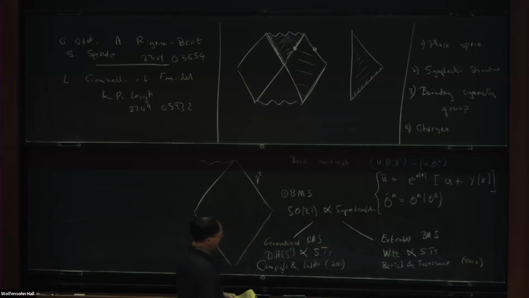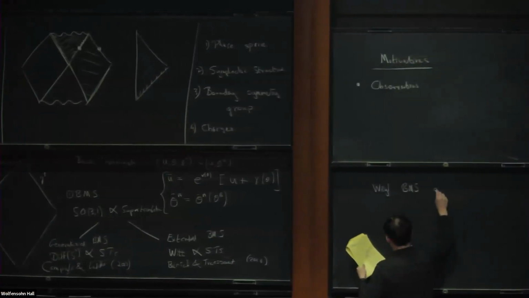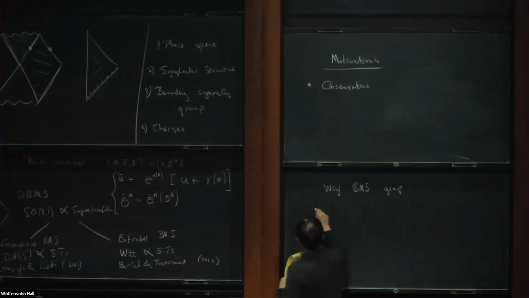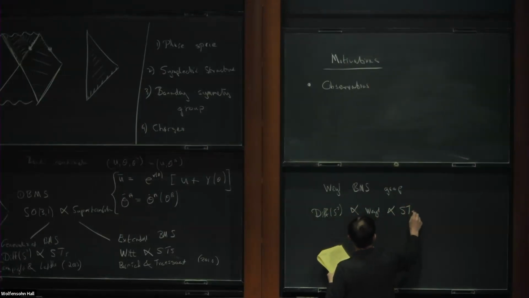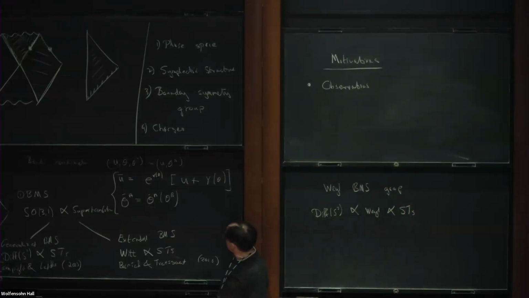And then more recently, there's been another extension of this group, which is called the Weyl BMS group, which is the Diff S2 semi-direct product with supertranslations. And that's basically given by exactly the same formula.